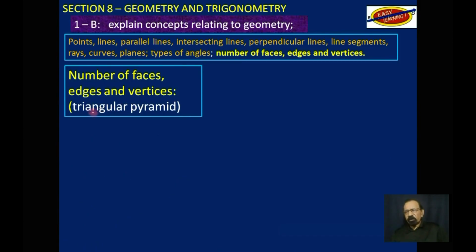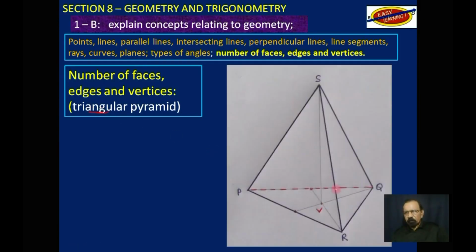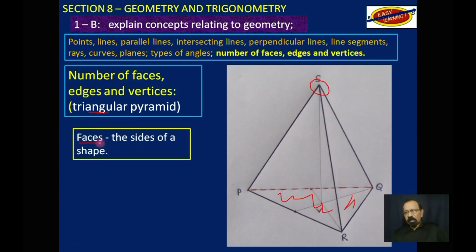If we do the same thing for a triangular pyramid, so you have a triangle underneath here, that's the base, and you have 3 sides that are triangular, and they all are slanted and they meet at this point up here. So faces, again, the sides of the shape, as in this case here.